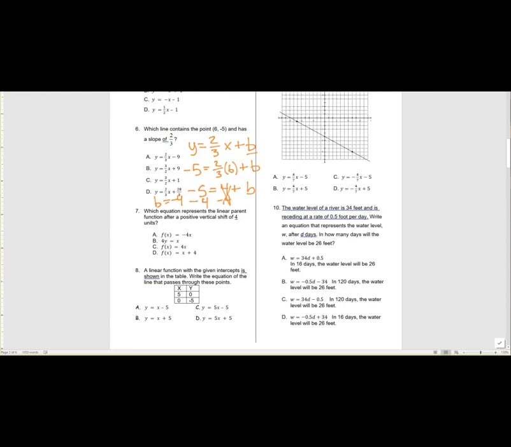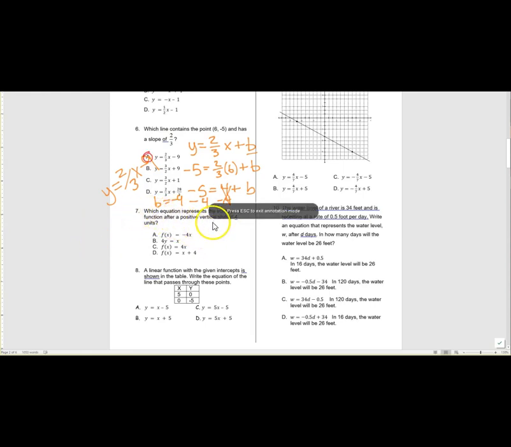So the equation that has a slope of 2/3 and goes through the point (6, -5) would be y equals 2/3 x minus 9. So A was the answer choice we needed to go with for number 6.